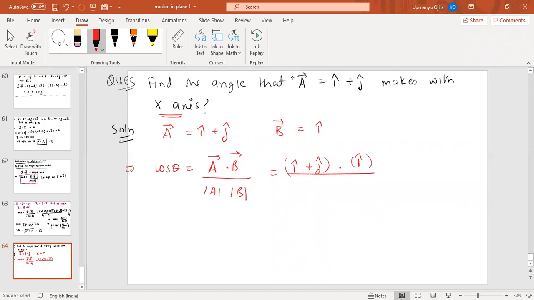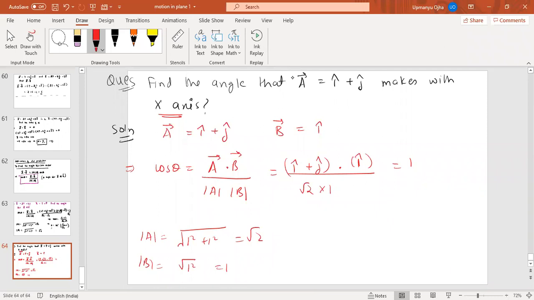So mod of a value is how much? That is square root of 1 square plus 1 square, means root 2, and mod of b is square root of 1 square, which is 1. So it should be root 2 into 1. Then we take a dot product here. i into i should be multiplied.